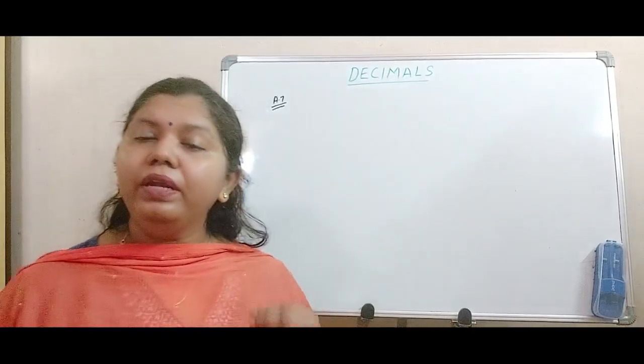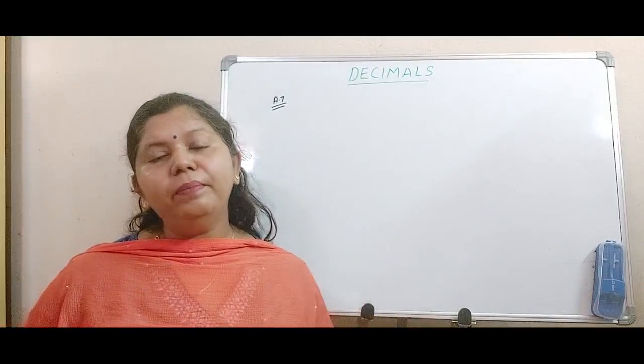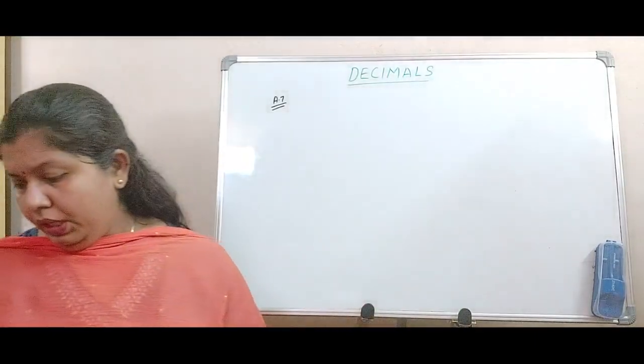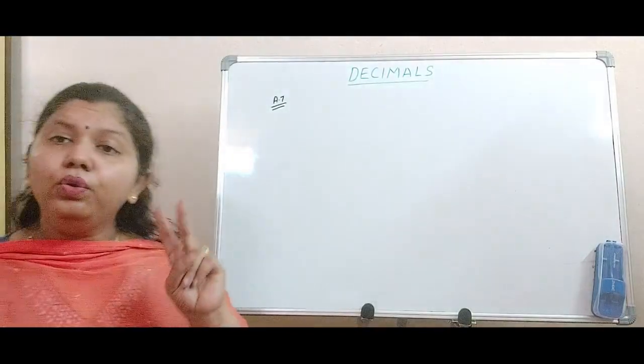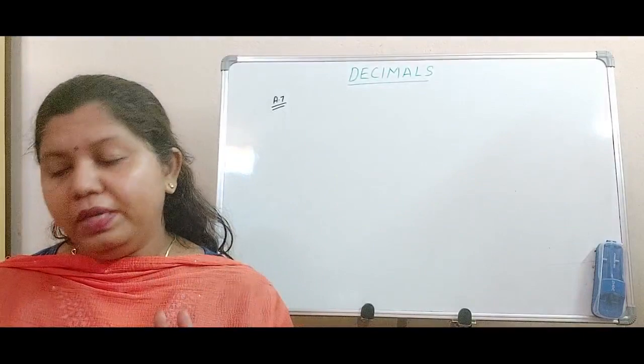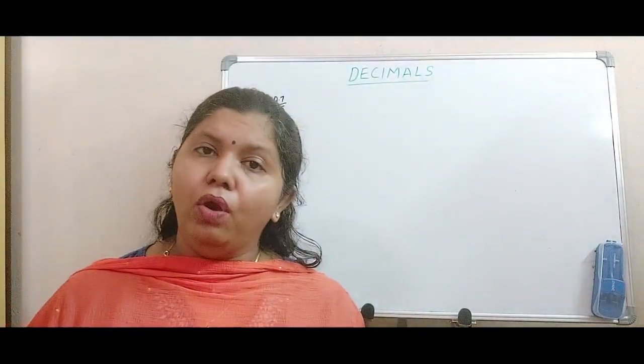First of all, let me read out the question for you. The question is, it is a 1 meter long ribbon, which is cut into two pieces. Now the length of the first piece is given to you, that is 40 by 100 meter long.